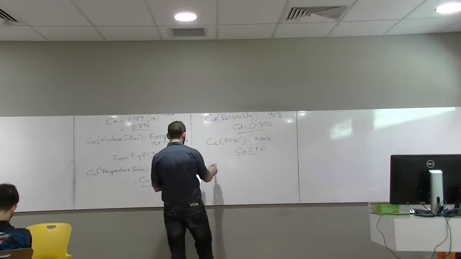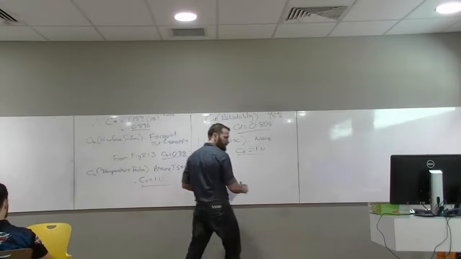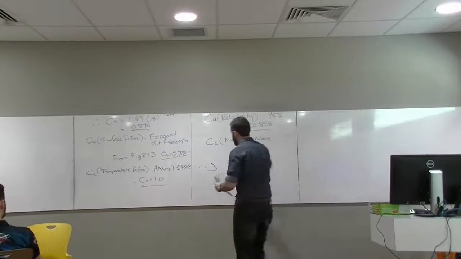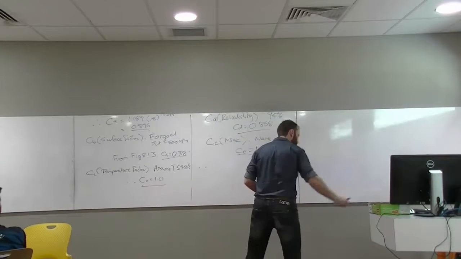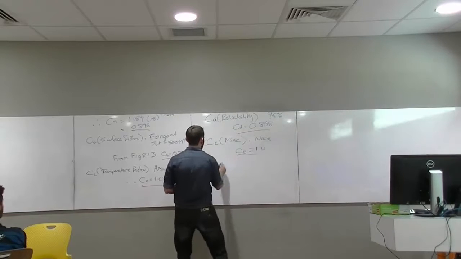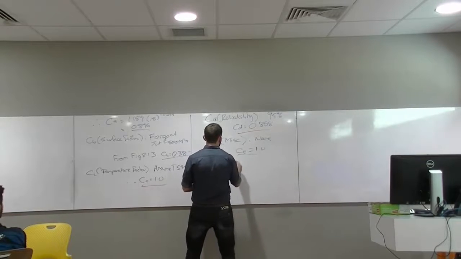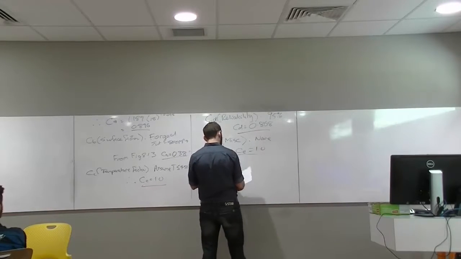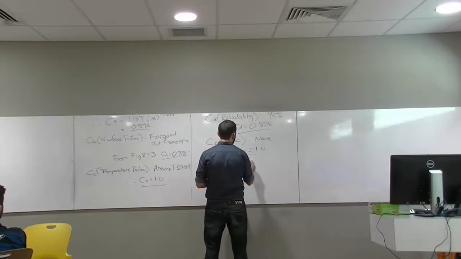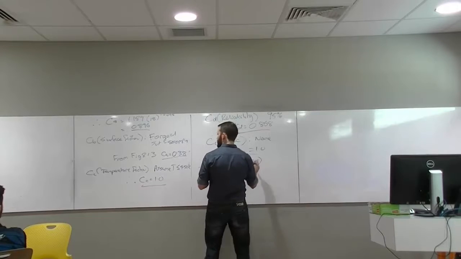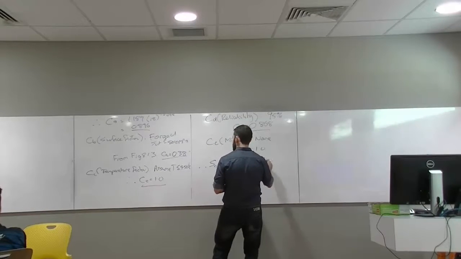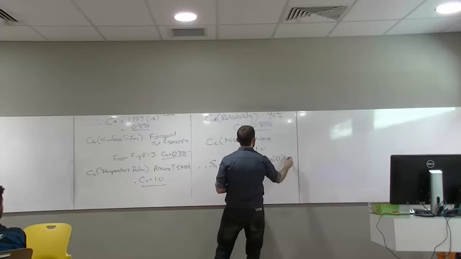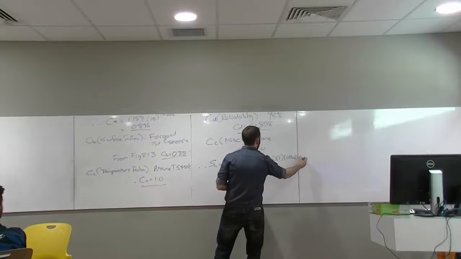Alright, so therefore Sn equals 400 times our first factor, 0.896, and 0.38 and 1 and 0.868 and then 1.